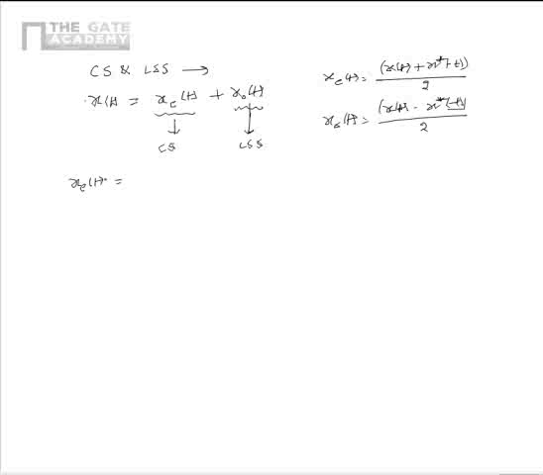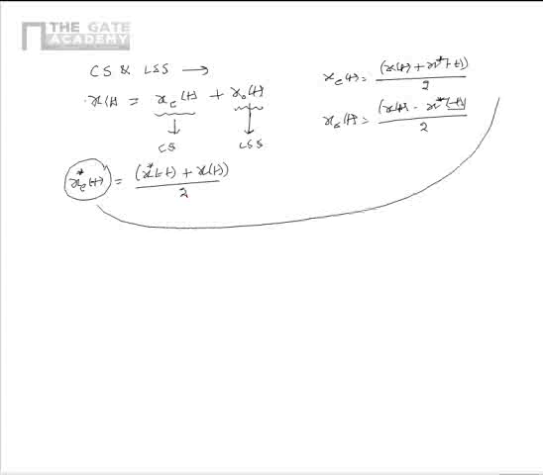Hence, if you find xe star of minus t, it can be written as x of minus t, x star of minus t plus x of t divided by 2. This is by doing the time reversal and conjugation operations on xe of t given here. This is equal to xe of t itself.